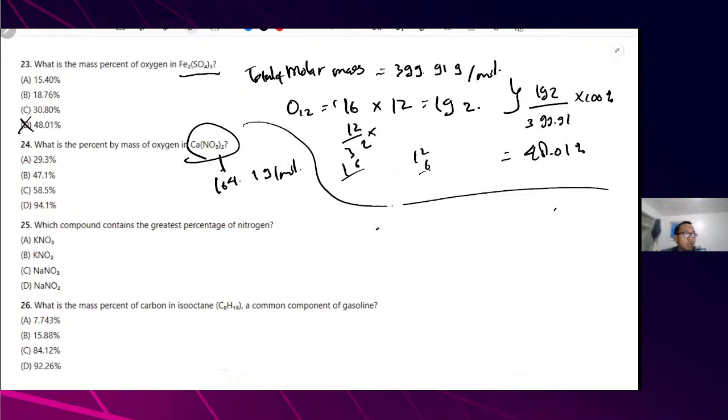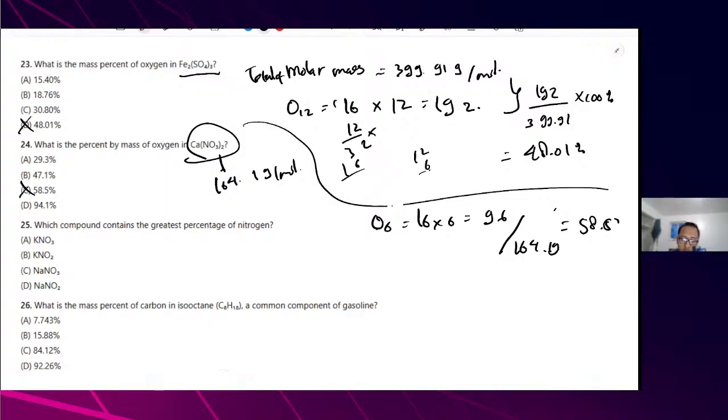I'm so sorry. Oh, it should be 16 times 6, which is 96, right? 96 divided by 164.19, so it should be 58.5%. So the answer should be C. I'm so sorry, guys, because sometimes I do the wrong calculation.